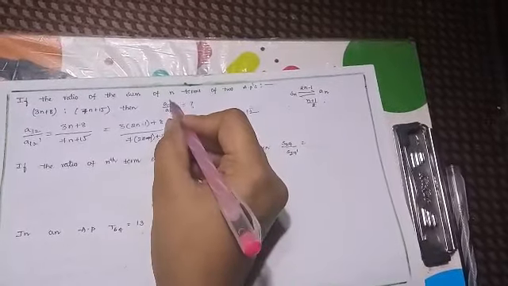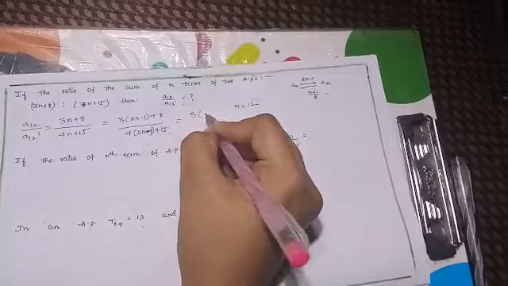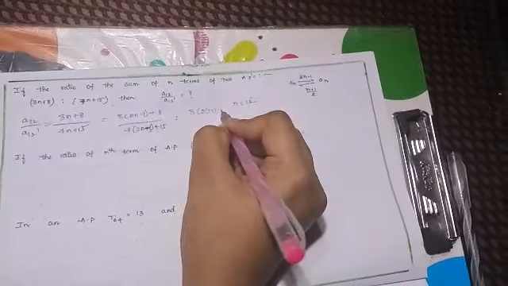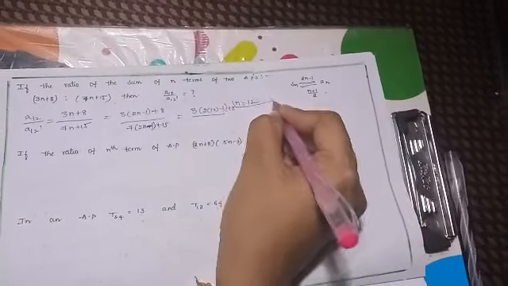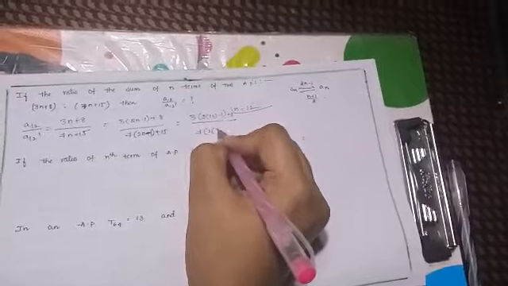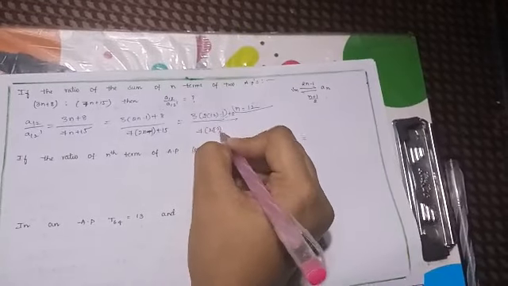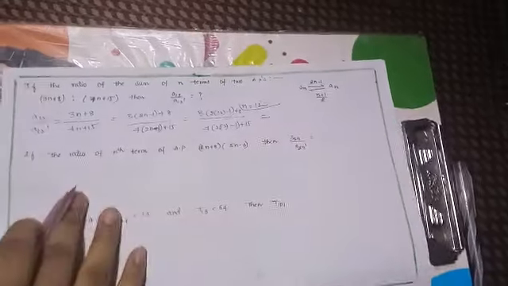Here they have given a of 12, no? So n equal to 12, and then you apply and you get the answer. 2 of 12 minus 1 plus 8, over 7 of 2 of 12 minus 1 plus 15. Then you will get the answer.